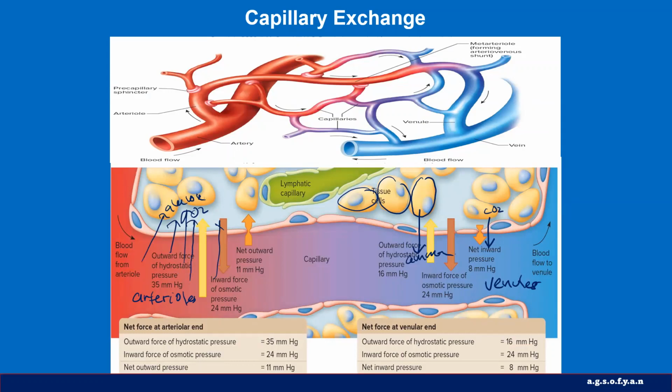More water will go out here, and some water also goes back to the venule side. But there is actually more water out from the arterial side compared to what returns to the venule side. So there is always extra water on our tissue.